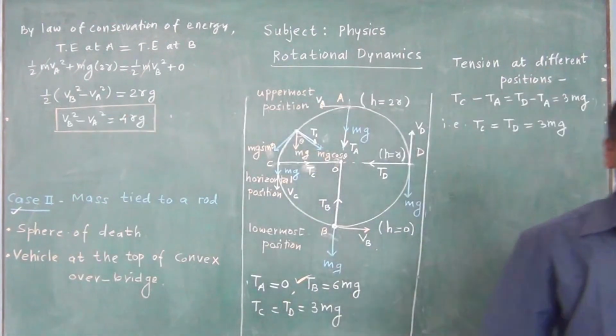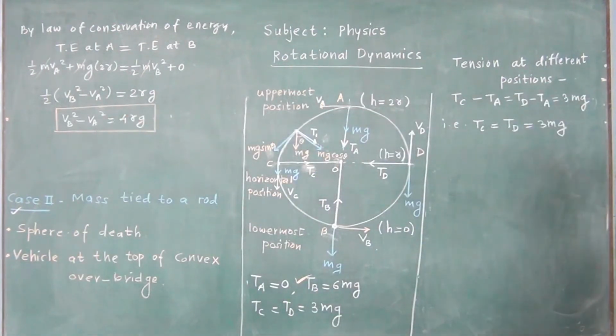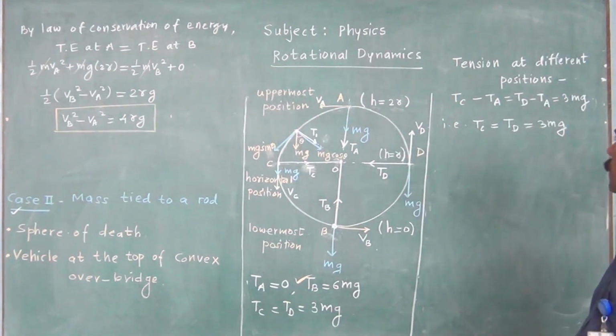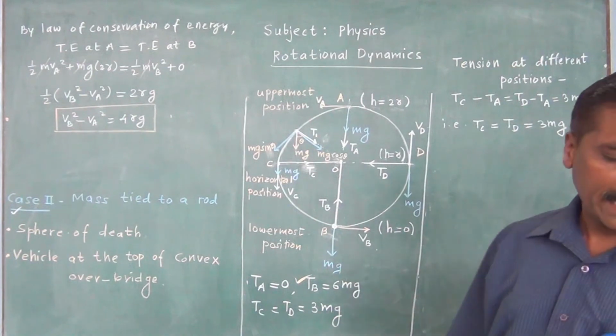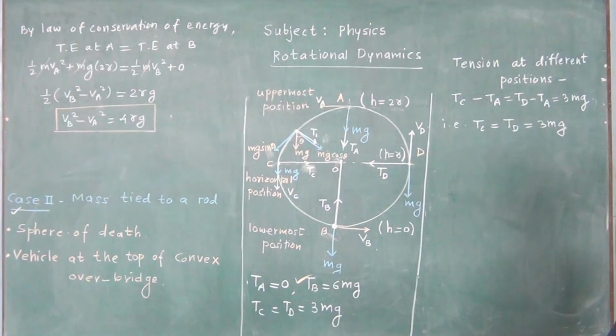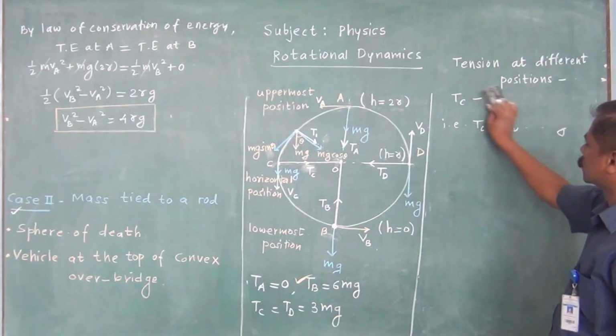We'll discuss here how we can find these tensions. Again you will find two equations related to the tension difference, and we can take the difference between the C and A positions.